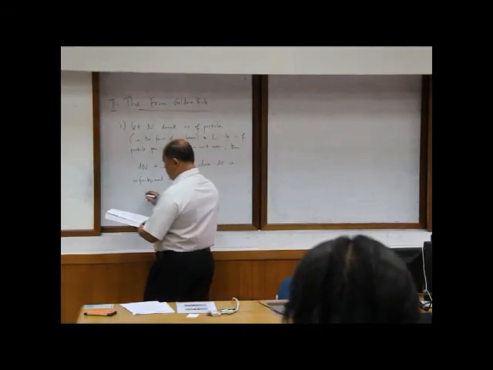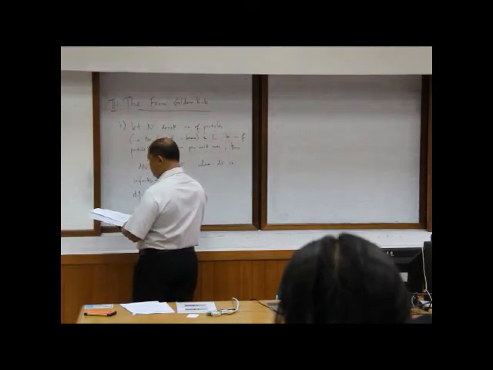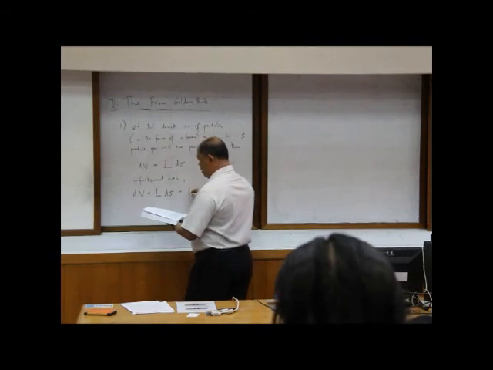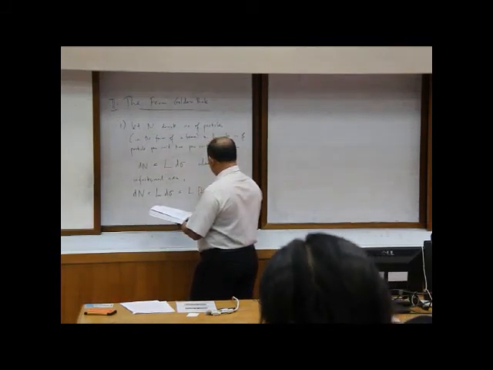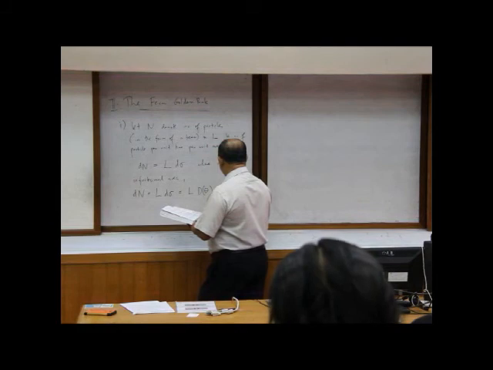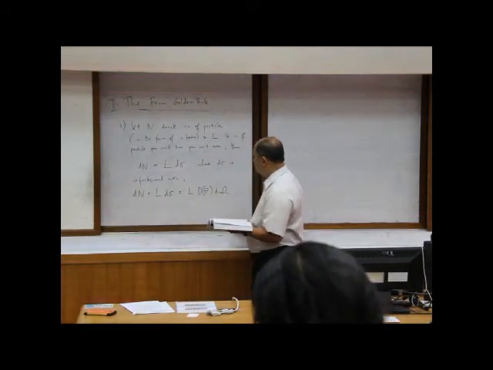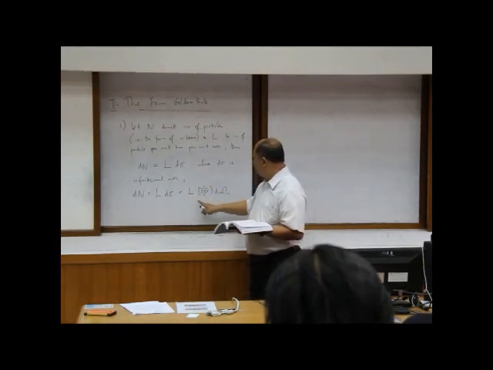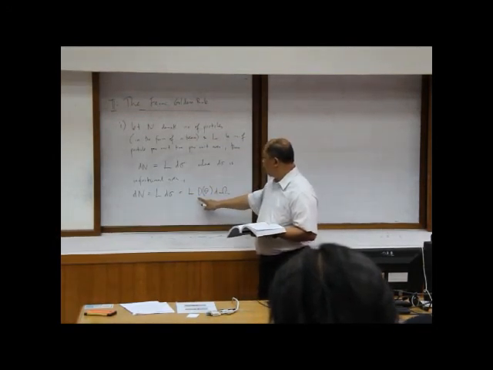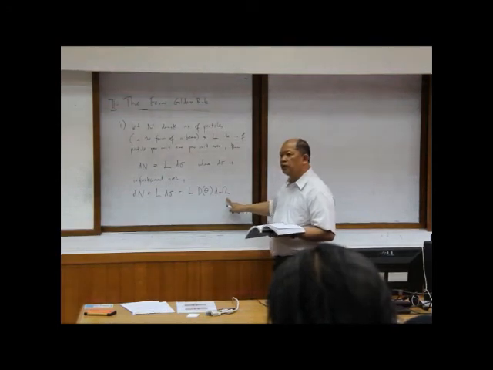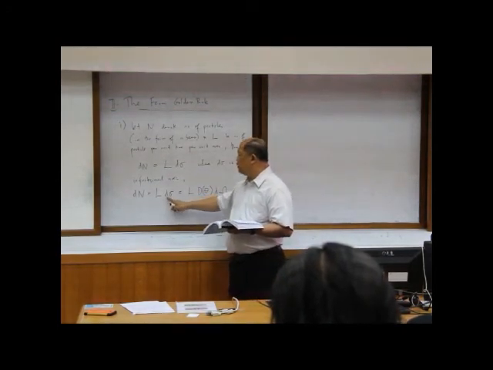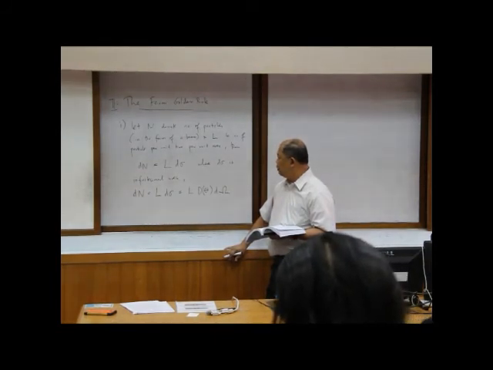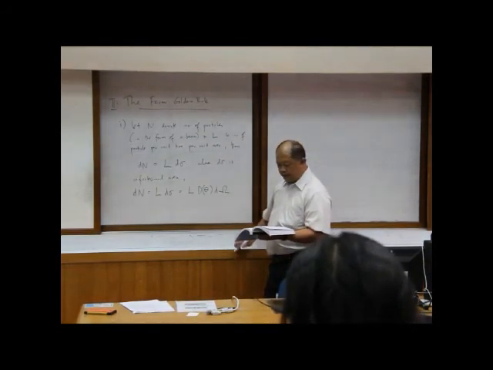Then you can write dn equal to L d sigma, and you can write this in terms of a solid angle d omega. Now, this sigma, that area is some function multiplied by the solid angle, because typically this area is not two-dimensional but a solid angle.